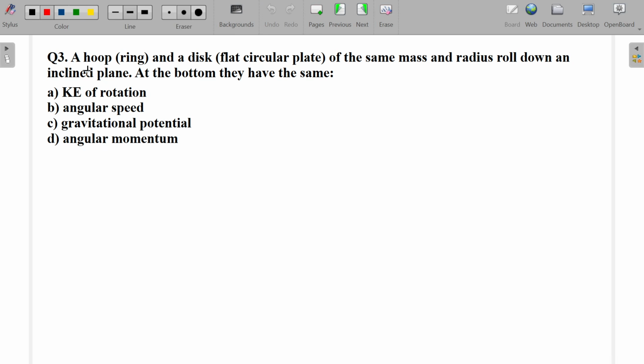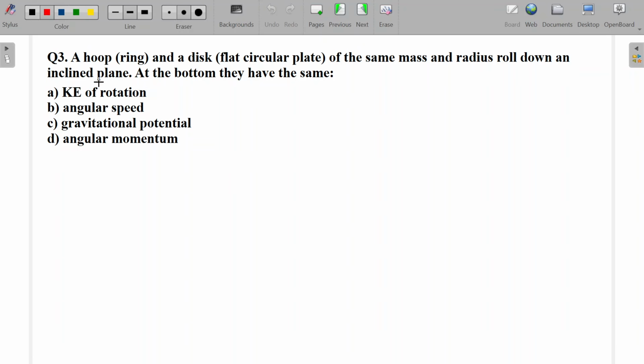Question 3. A hoop, a ring, and a disc, a flat circular plate of the same mass and radius, roll down an inclined plane. At the bottom, they have the same: A, kinetic energy of rotation; B, angular speed; C, gravitational potential; D, angular momentum.